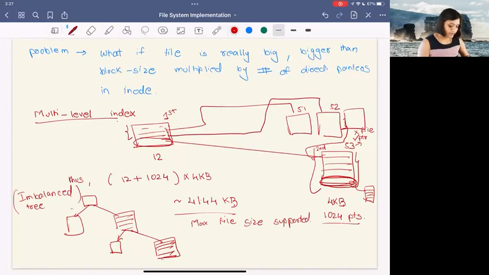And this imbalanced tree is good in a way that it gives us an approach to accommodate larger files, but it also has its own disadvantage in the sense that when we want to access the file, we would have to parse through all these levels of indirection, or all these multiple levels of this multi-level index structure.